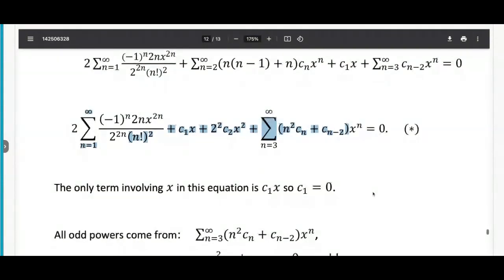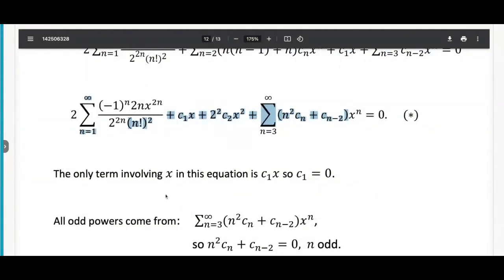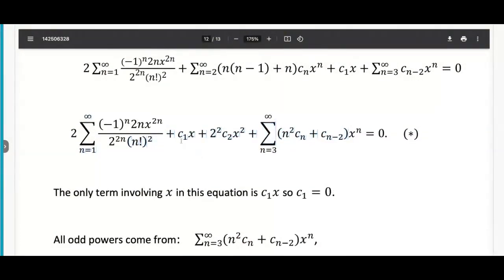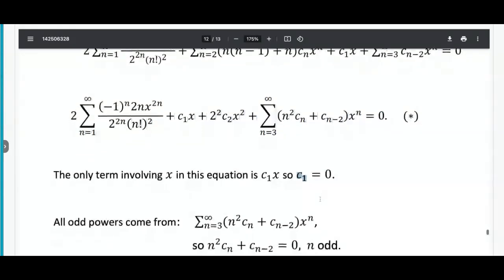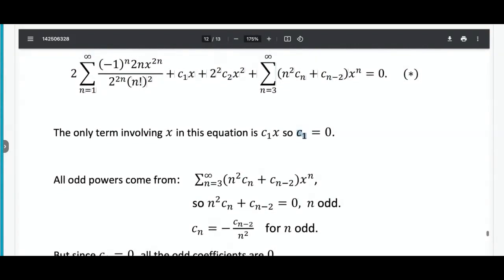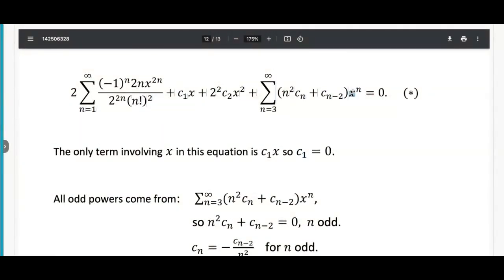Keep calculating. The only term involving x in this equation is c1 x, because this is x raised to 2n, this is x raised to n, but this is starting from 3. On the other side is 0, so we get c1 equals 0. All other powers come from x raised to n.